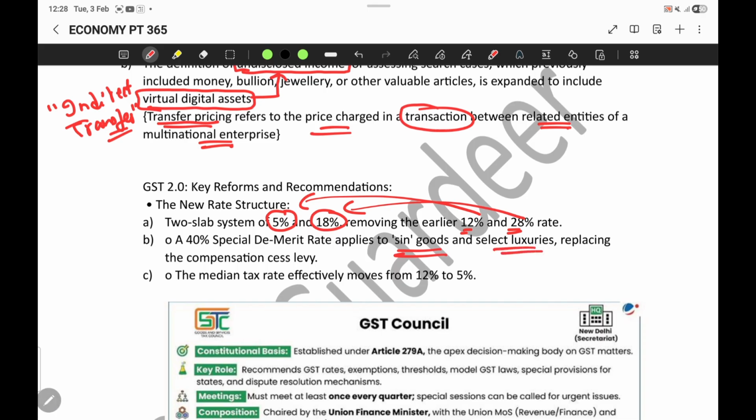Next, selected luxury goods, replacing the compensation cess levy. Remember this data: a 40% special demerit rate applies on selected luxury goods and sin goods. The median tax rate effectively moves from 12% to 5%, which we have seen in the first point itself.